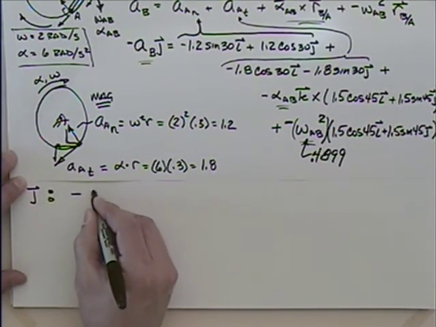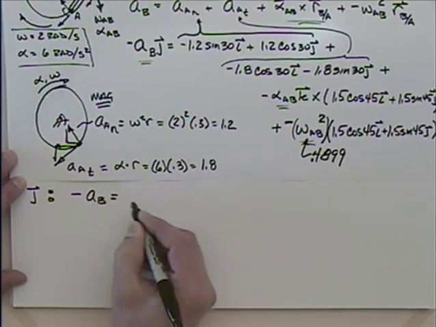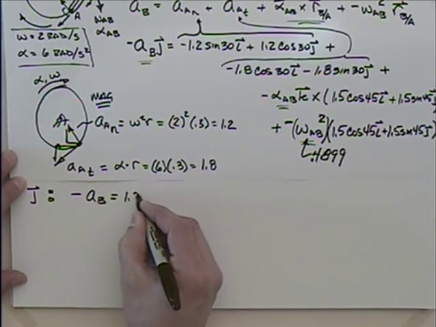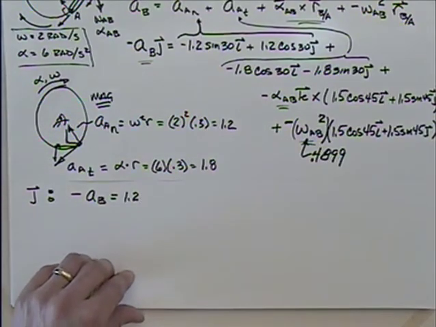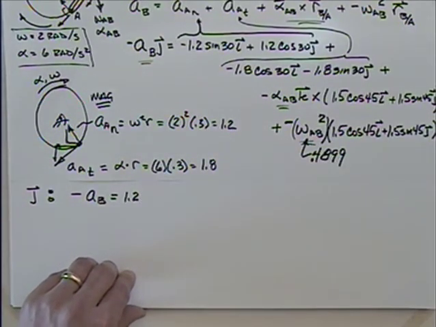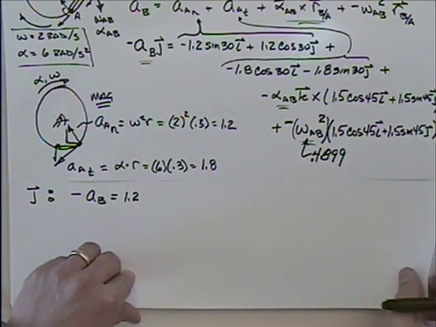Well, I'm going to have minus the acceleration of b is equal to 1.2 times the, I guess I got to do some crossing, don't I? Yeah, this could take a while. Okay, that's okay.